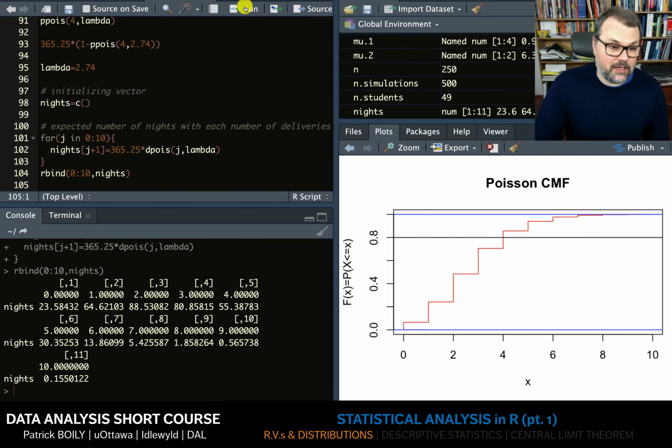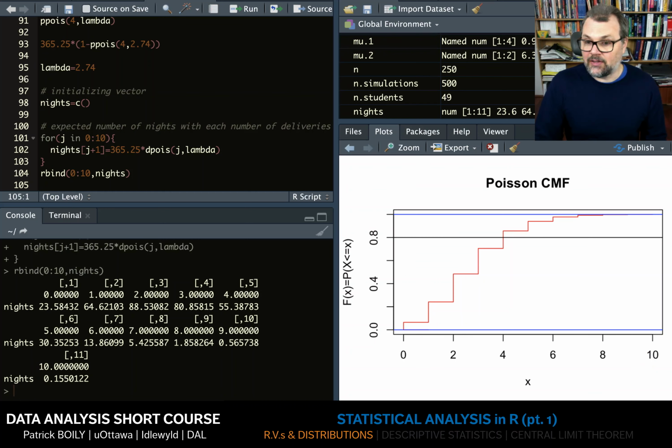And so we're seeing here that there should be about 23.5 nights with no deliveries, about 64.5 nights with 1, 88.5 with 2, 81 with 3, 55 with 4, 30 with 5, 13 nights, or 14 nights, with 6 deliveries, about 5 nights with 7, about 2 nights with 8, about 1 with 9, and on average, no nights with 10 deliveries.